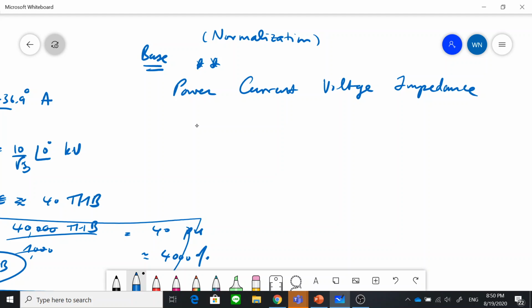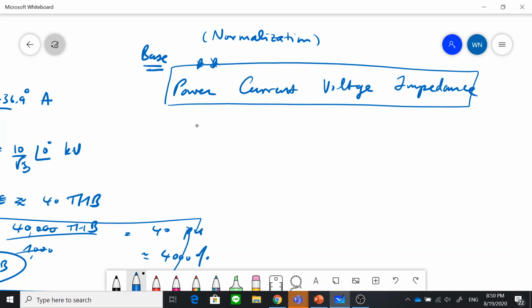Or from the two quantities, voltage and impedance, you could also determine the power. Or from current and impedance, you can also find the power, right? Or if you know current and impedance, you could also determine the voltage. So the concept of power calculation lies in these four quantities.